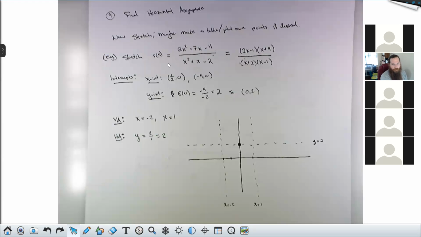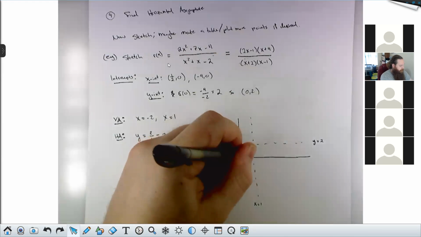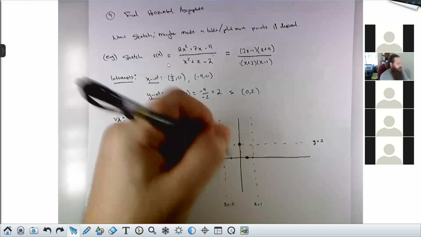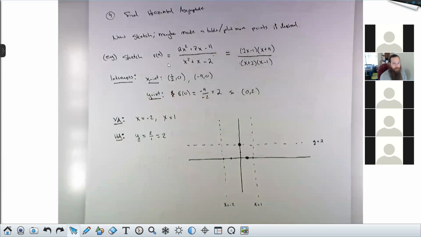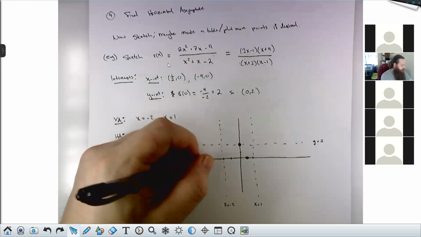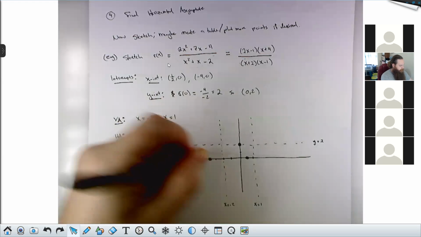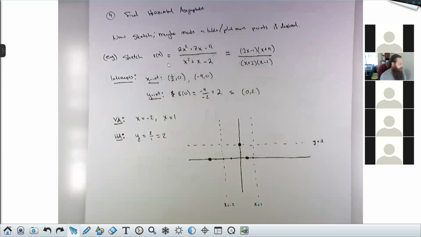X-intercepts are at 1/2, 0. That's right here. Halfway between 0 and 1. And -4, 0. So this is -1, -2, -3, -4. In order to say how to fill in all the curvy bits, I need to know a little bit about what happens near these vertical asymptotes.